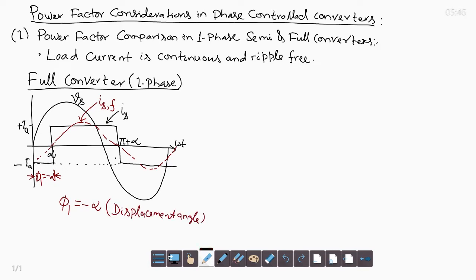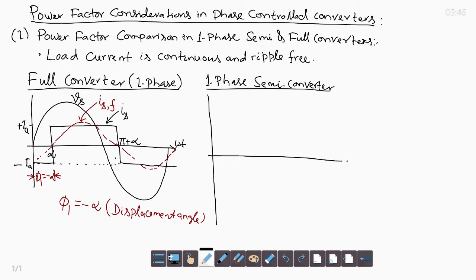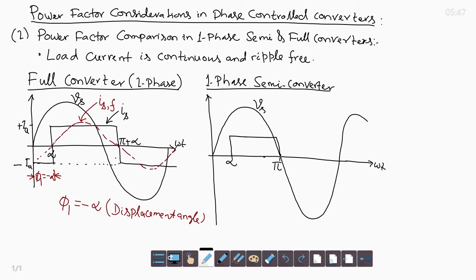Next, consider the single phase semi converter. In a single phase semi converter, there is a freewheeling action. This is the supply voltage waveform Vs. From alpha to pi, supply current is plus Ia.